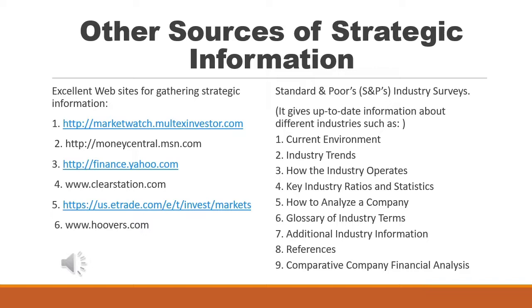Each report is authored by a Standard and Poor's industries research analyst and includes the following sections: the current environment, industry trends, how the industry operates, key industry ratios and statistics, how to analyze a company, glossary of terms, additional industry information, references, and comparative company financial analysis. Again, these are the sources to gather strategic information.